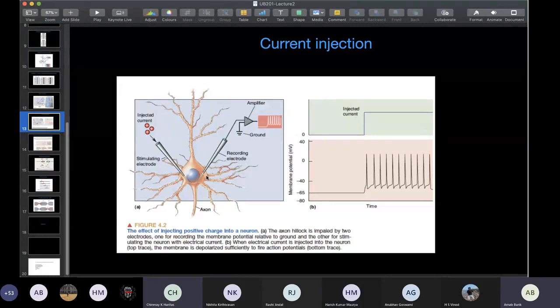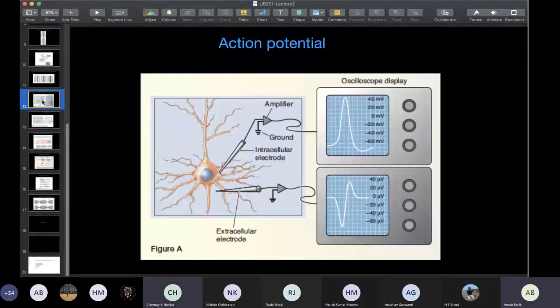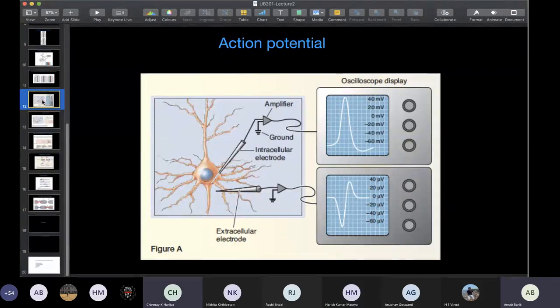The major reason is that a lot of today's material is covered in other cell biology classes, except for the action potential and voltage. But yes, the next class we'll see a lot of that.